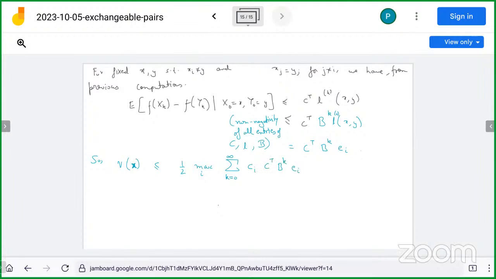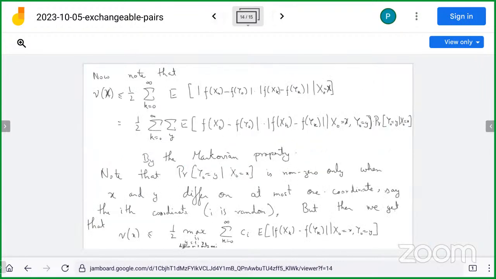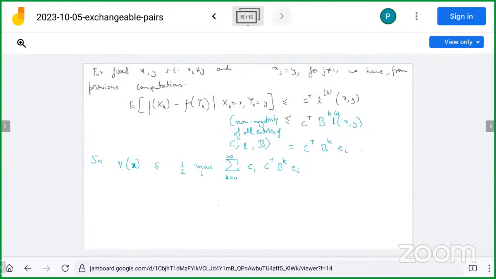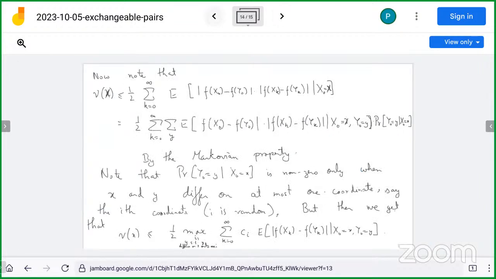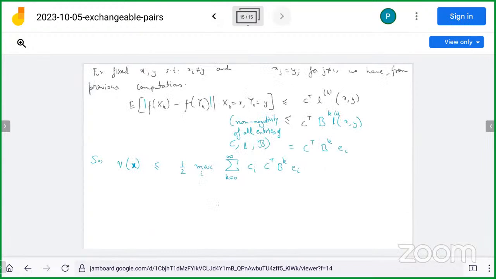That's correct. It's the absolute value, times this. So this was when they declared direct column, but this is the max over i.